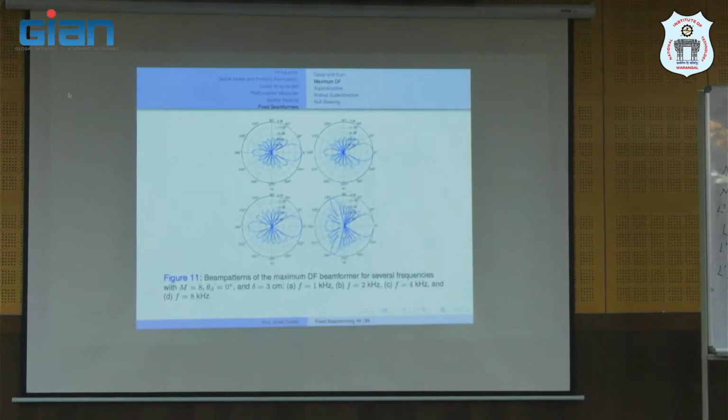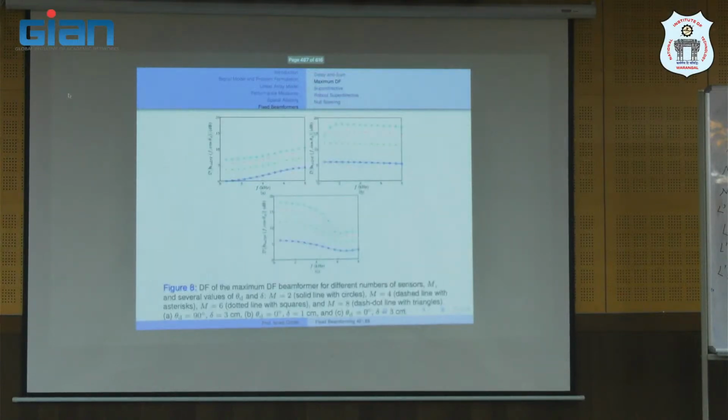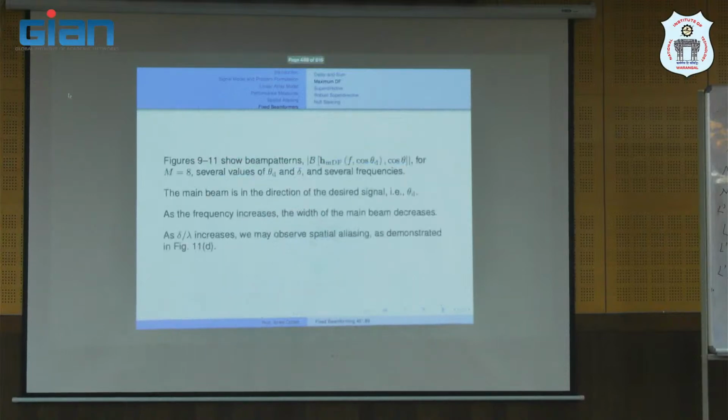We showed how the beam patterns look, what aliasing is, and how come when we increase the frequency, sometimes the directivity is reduced. The directivity can become lower when we increase the frequency. This is an indication of aliasing.